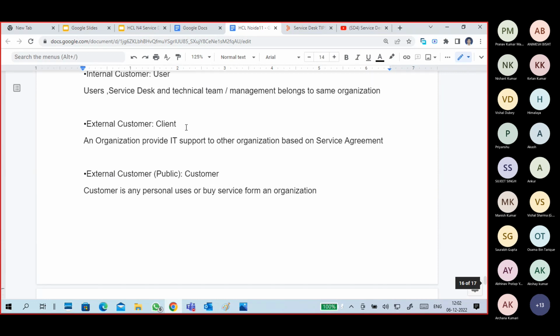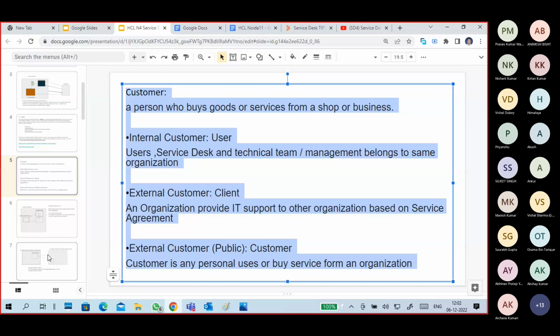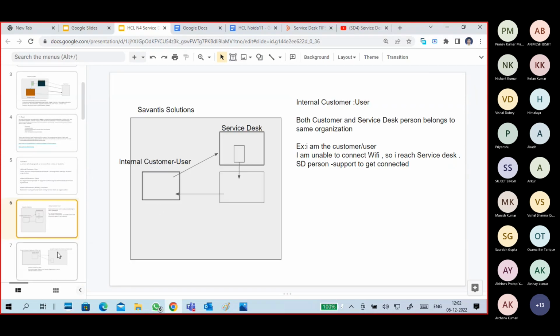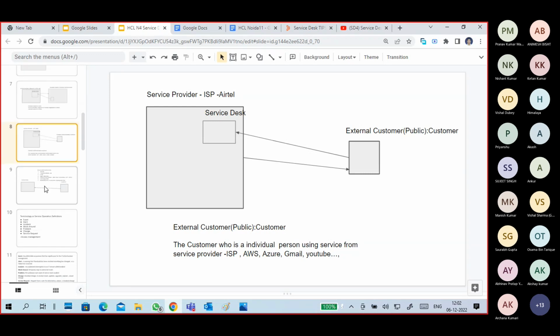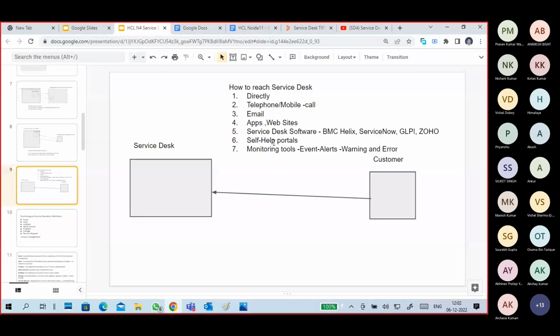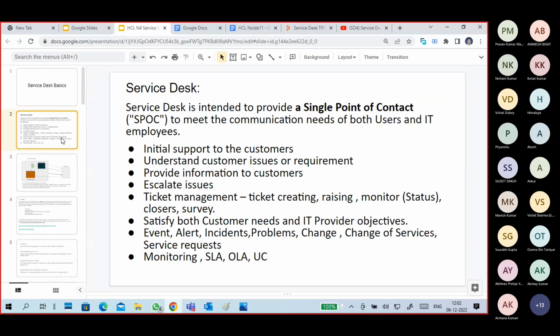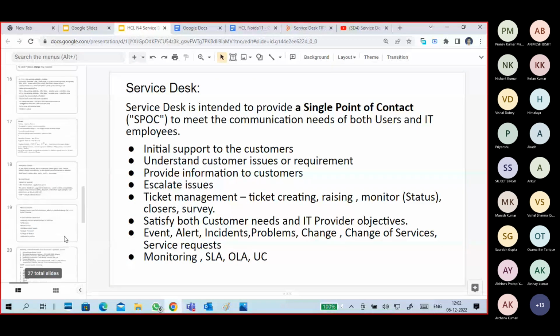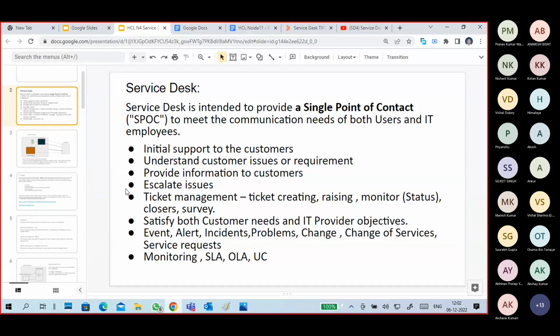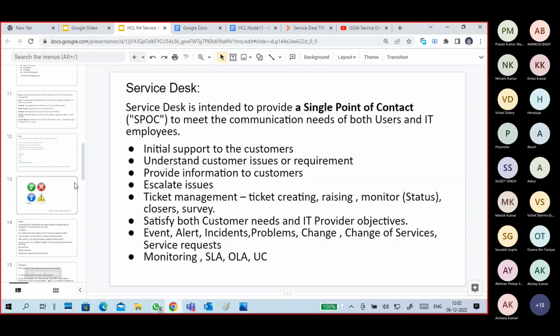And here I also wrote it in a drawing manner: internal customer, external customer, a public customer kind of thing. And this is how to reach the service desk and what a service desk is. There are also service desk types, a different type of service desk, and a few more things we will discuss.